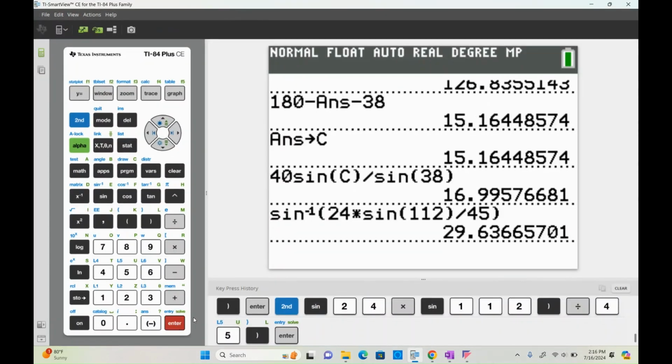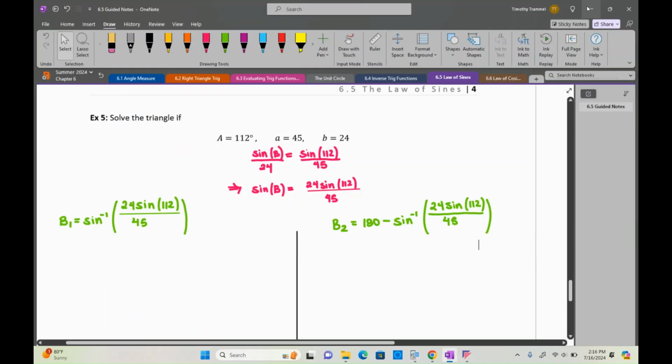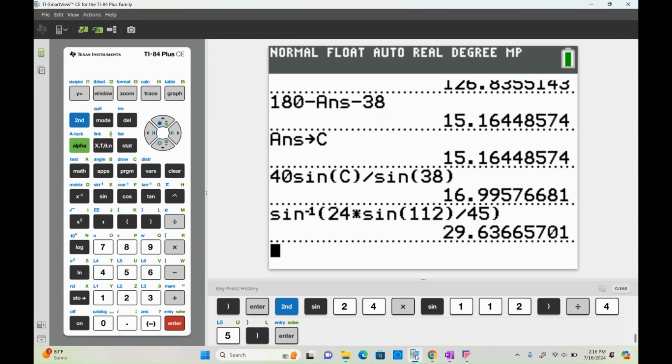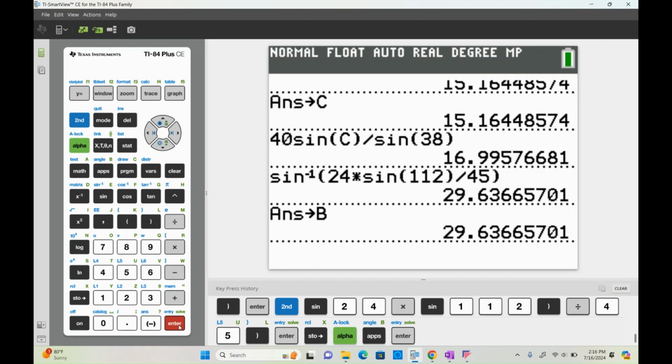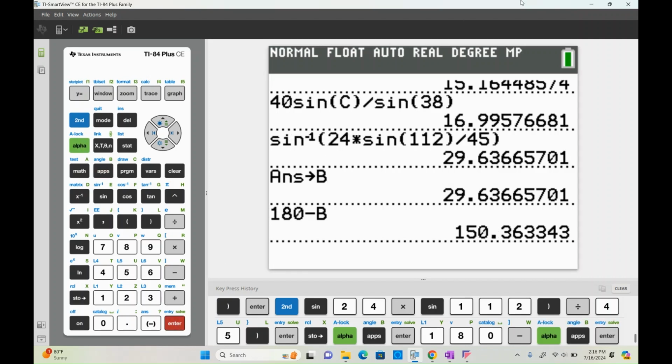So this one here gives me about 29.6. And I'm going to store that one just in case I need it. I'm going to hit STO right here and then alpha apps for B. There we go. But B2, we said should be 180 minus this angle. And so that looks like it's going to be 150.4.